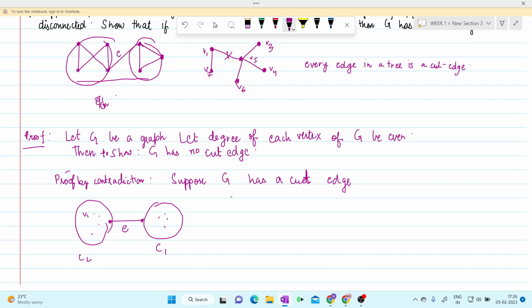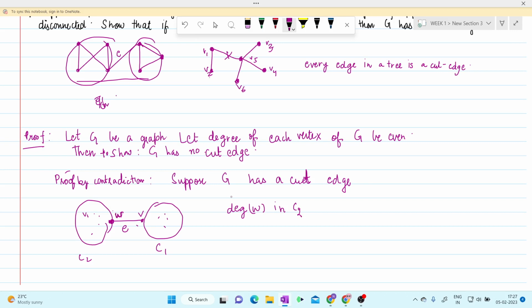Now you see that all the vertices in G have even degree. So if we take this vertex, say W, then V and W are the vertices connecting this cut edge. Since the degree of W is even, what will be the degree of W in C2?